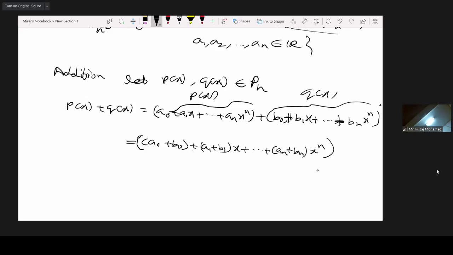This is another type. What do you mean by p(x) equal to 1? Which degree polynomial is this? Zero, a zero degree polynomial. What is this?